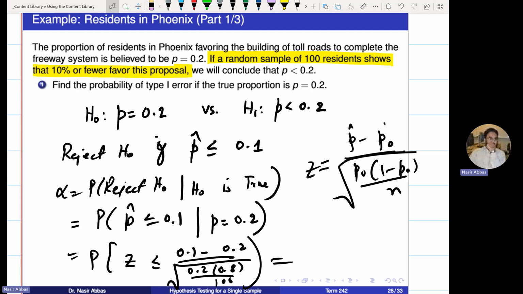Beta is type 2 error. 1 minus beta is power. So they can ask you a question about any of those 4 cells of the table: alpha, 1 minus alpha, beta, 1 minus beta. For any of the four, you need to compute alpha and beta. From alpha and beta, you can easily find 1 minus alpha and 1 minus beta.